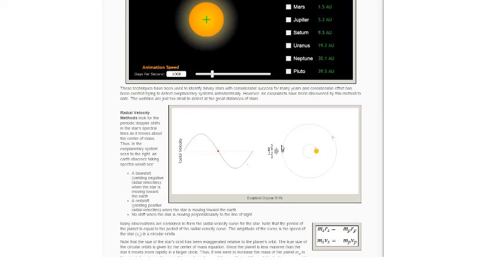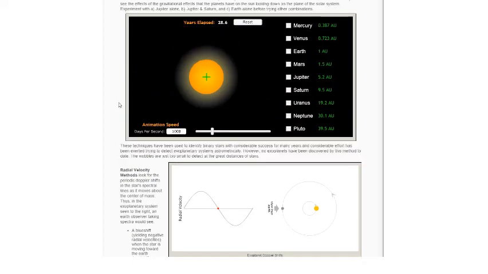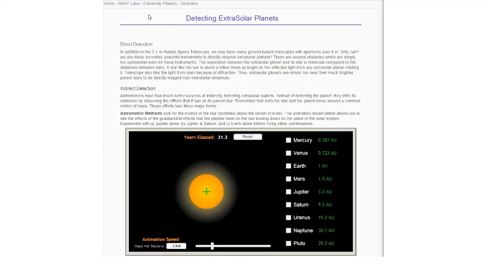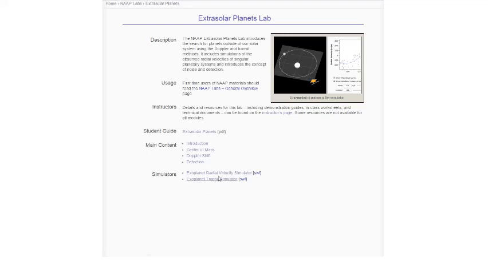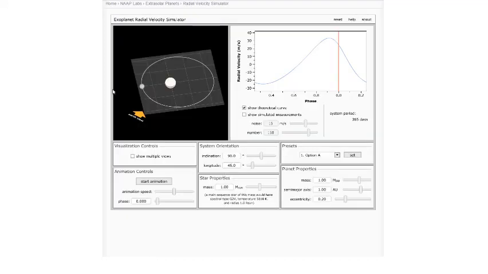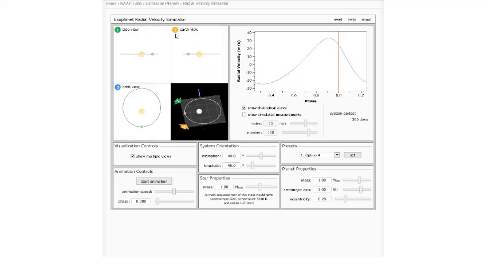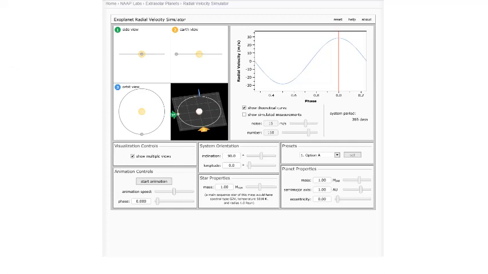If you can figure that out from this, you can answer the question. Or if that doesn't work for you, you can always go to the radial velocity simulator and set up the same thing. Remember that you can change your views, so you'll know when viewed from Earth whether you're in eclipse or in occultation, and see what point of the curve you're at.